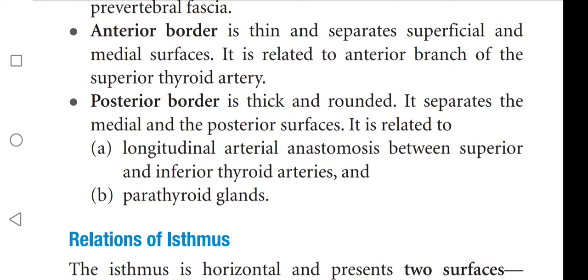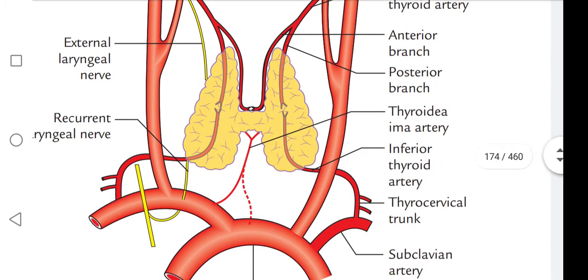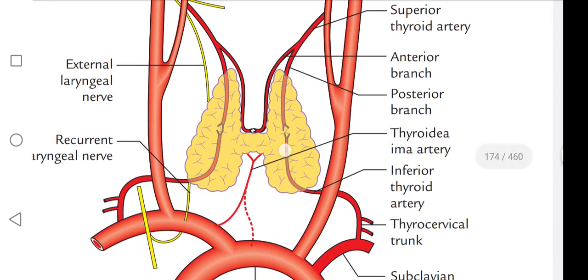It is related to the longitudinal arterial anastomosis. You may see here some dim arteries. On the back side, this represents the posterior.